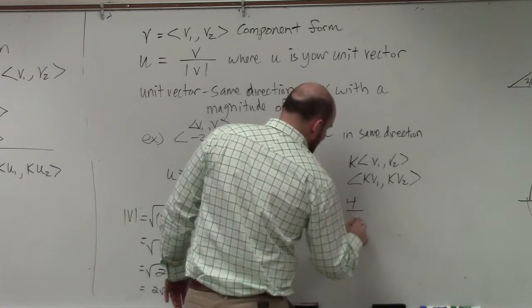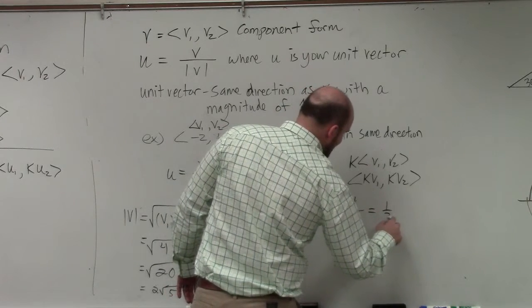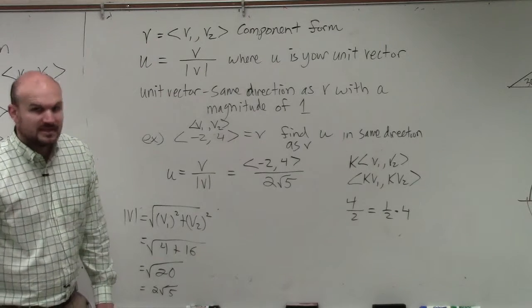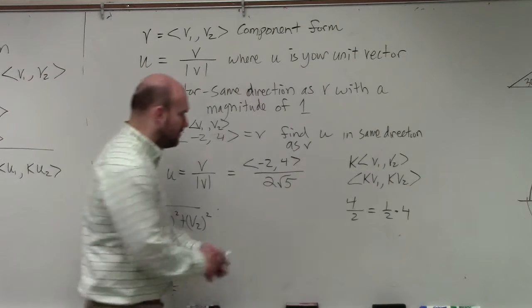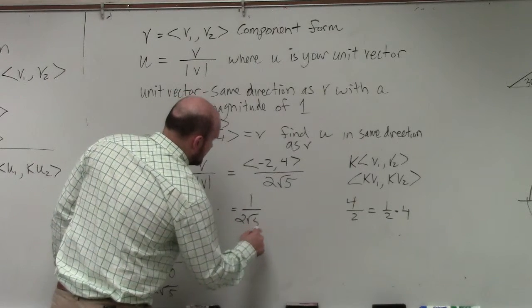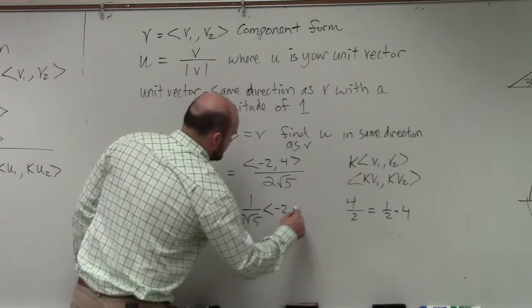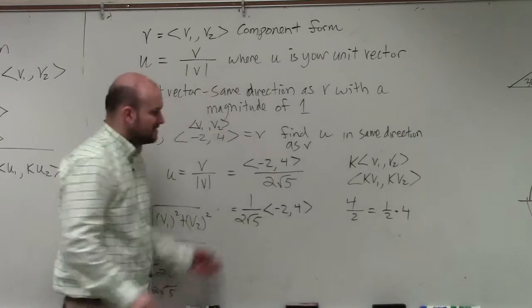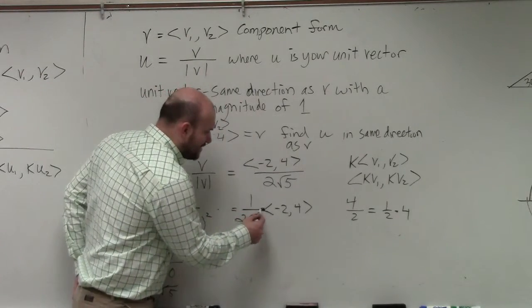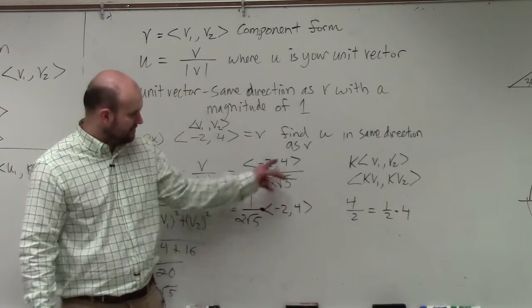Do you guys agree with me? 4 divided by 2 is the same thing as 1/2 times 4? That's the same thing. So in reality, all you're doing is multiplying. Do you guys agree with me? These are the same thing. You're writing a division problem as a multiplication problem. Does that make sense?